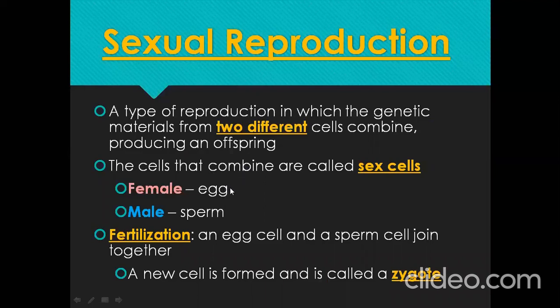The fusion of male and female gametes is called fertilization, and that will form a zygote. A zygote is a diploid cell that forms as a result of fusion of two haploid cells, one from male and another from female, right? That zygote will develop into a new individual by the process of mitosis.